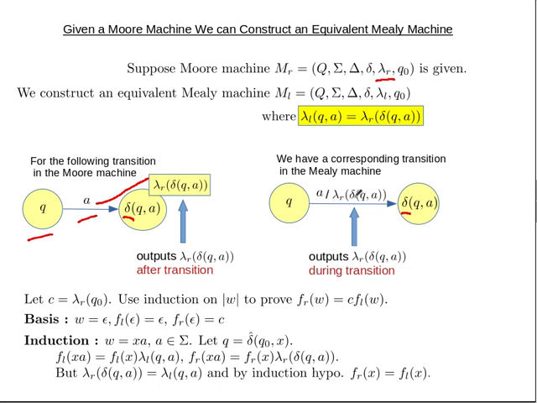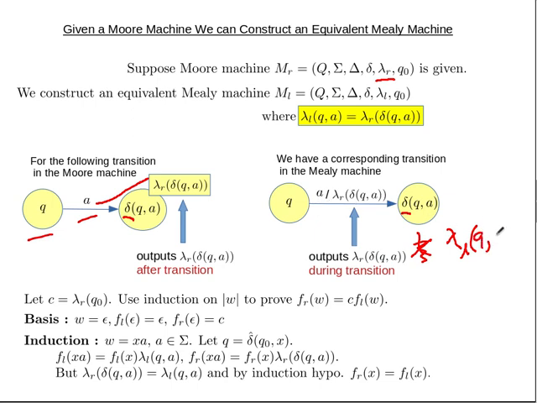So by definition, this symbol is lambda L, since we are talking about the Mealy machine. Sorry, it is lambda L of Q, and what input symbol are we looking at?